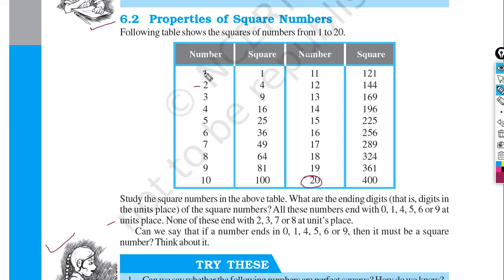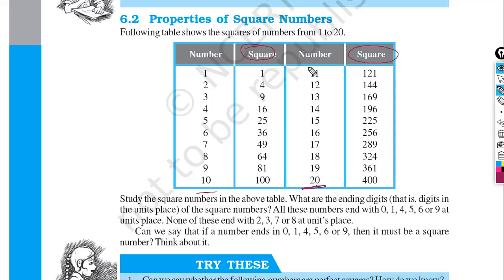Now 1 square is 1, 2 square is 4, 3 square means 3 into 3 is 9, 4 square is 16, 5 square 25, 6 square 36, similarly 9 square 81, 16 square 256, 17 square 289, and 20 square is 400. So up to 20 we have written the numbers and also their squares.